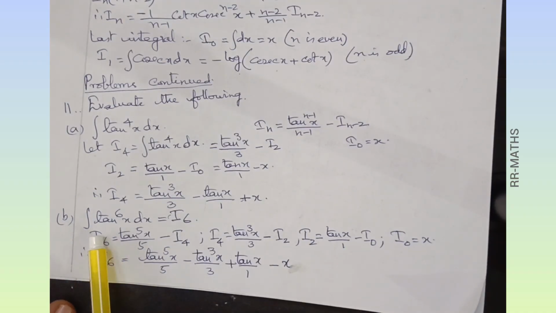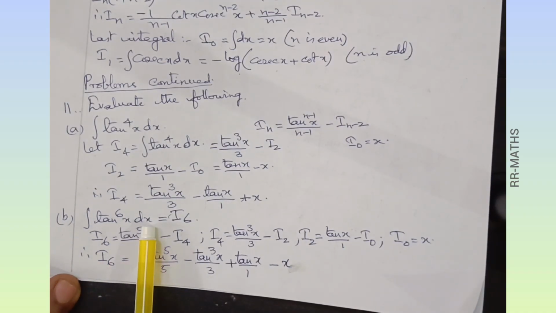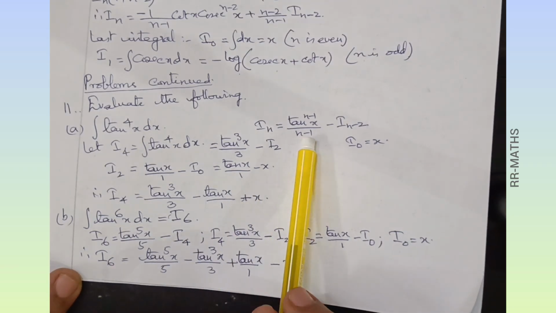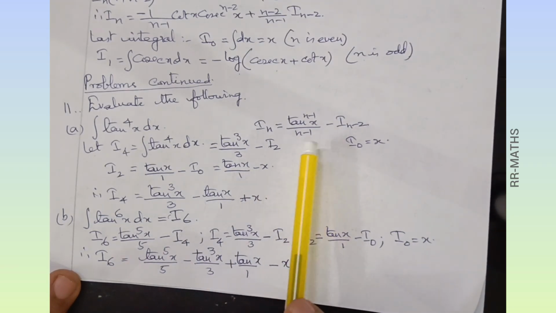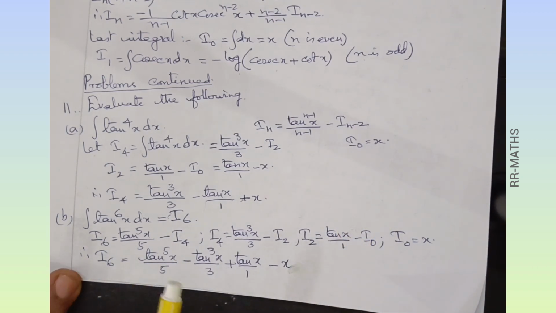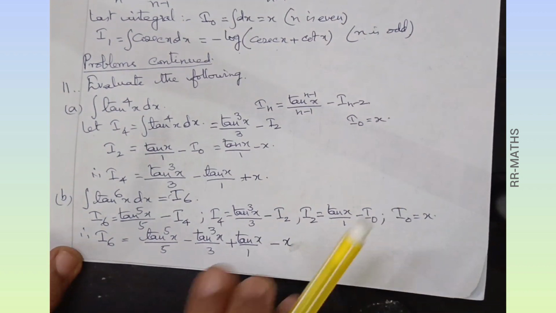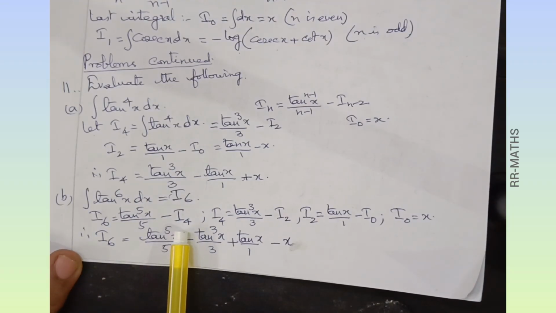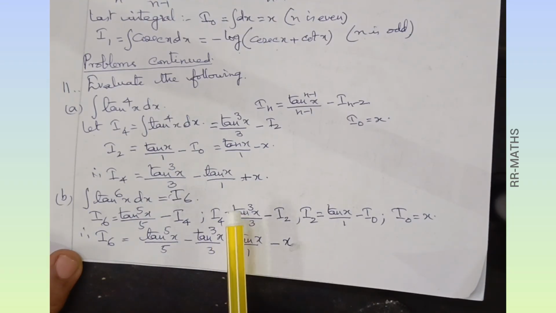Next problem, integral of tan power 6x dx. I call it as I6. We use the same formula, tan to the power of n minus 1 x by n minus 1 minus I n minus 2. So I6 is equal to tan to the power of 5x by 5 minus I4. I4 is equal to tan cube x by 3 minus I2.